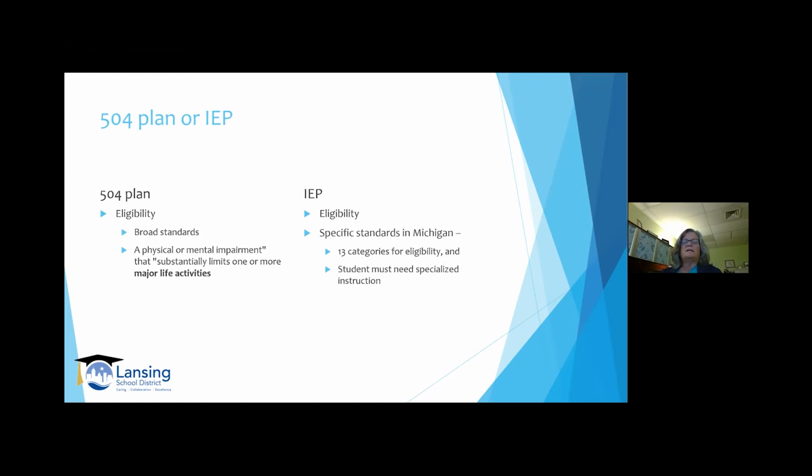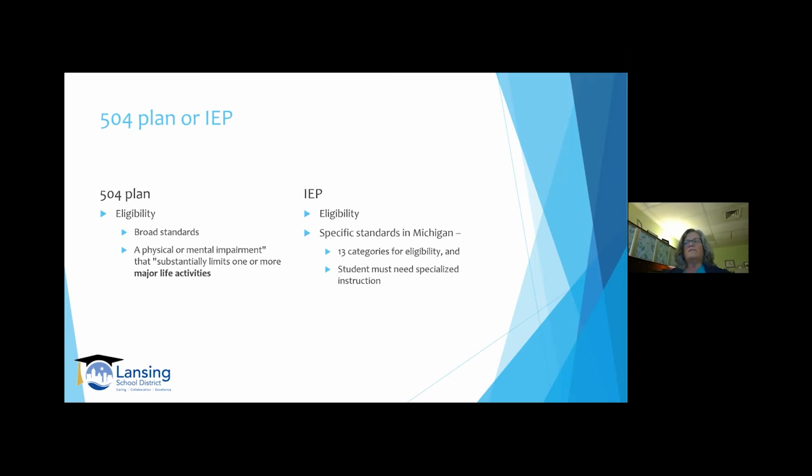So when we start to think about eligibility in a 504 plan, the standards are very broad. There are a number of things that can qualify you for a 504 plan as well as for an IEP. But in the 504 plan, we are looking for someone who has a physical or mental impairment that substantially limits one or more major life activities. And on the next slide, I'll give you some examples of what those activities might look like.